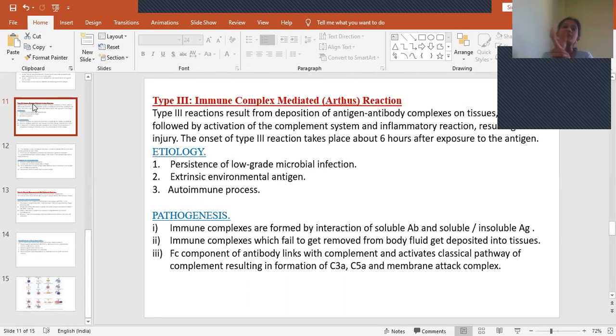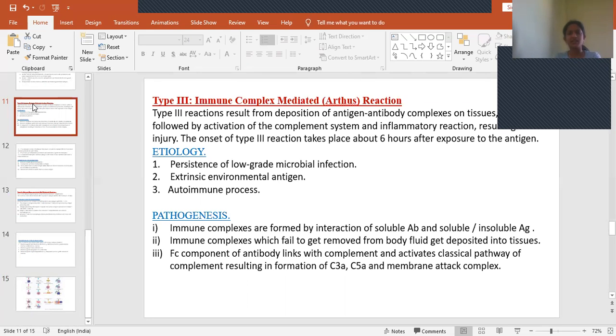A portion of it will still remain. When that small portion is deposited into the tissues or body fluid, later on it causes the immune reaction, the activation of the Fc component and release of complement factors like C3a, C5a and MAC, the membrane attack complex. When these are released, they again cause cytotoxicity. So this is the immune complex mediated reaction.